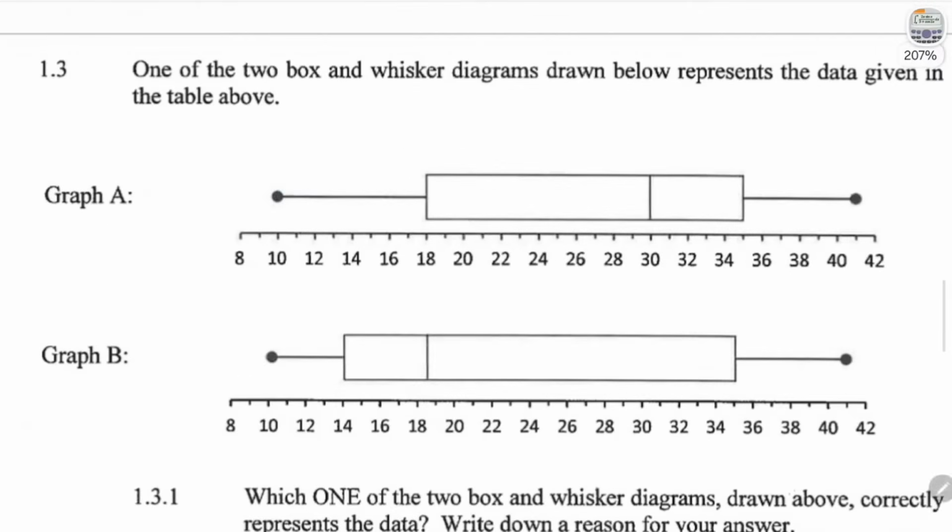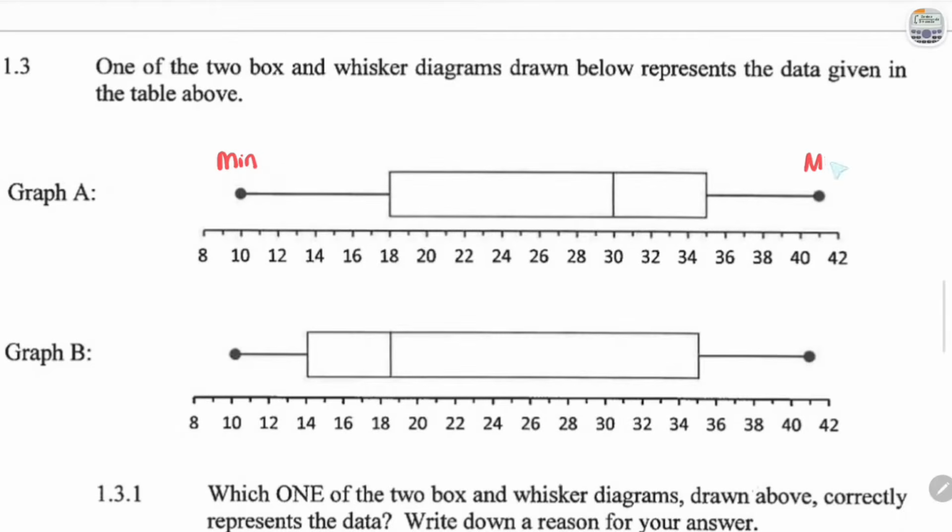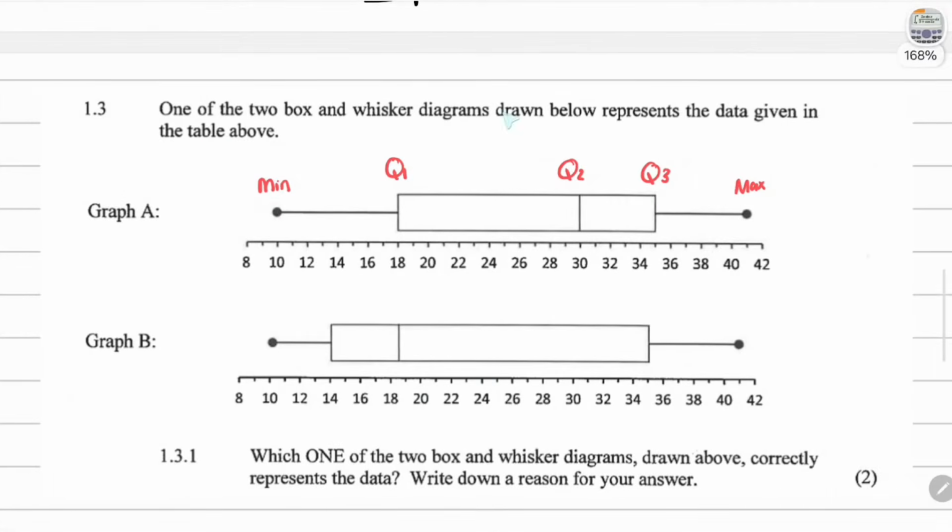Just remember what these points represent. This would be the minimum, the smallest value, the lowest value. That would be the maximum. This would be Q1, that would be Q2, and that would be Q3. If it does not match the data, then it's not the one we're going to choose. Remember likewise for this one as well.